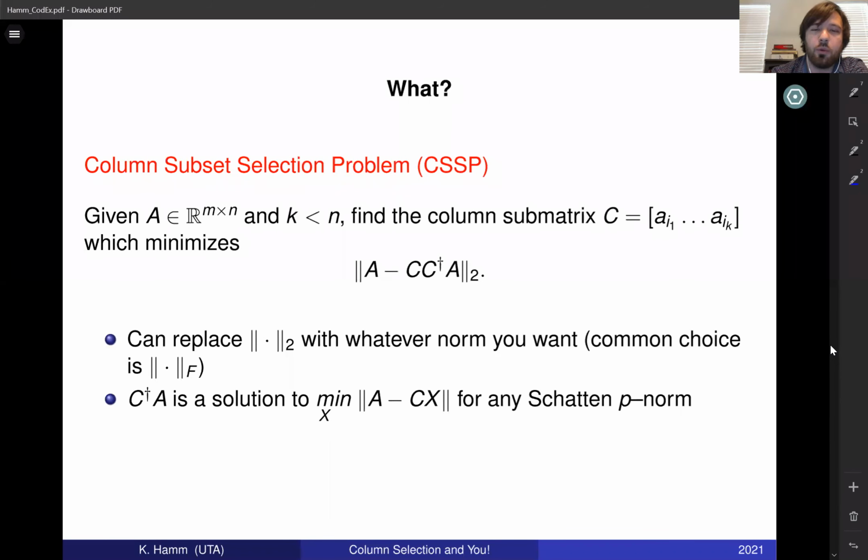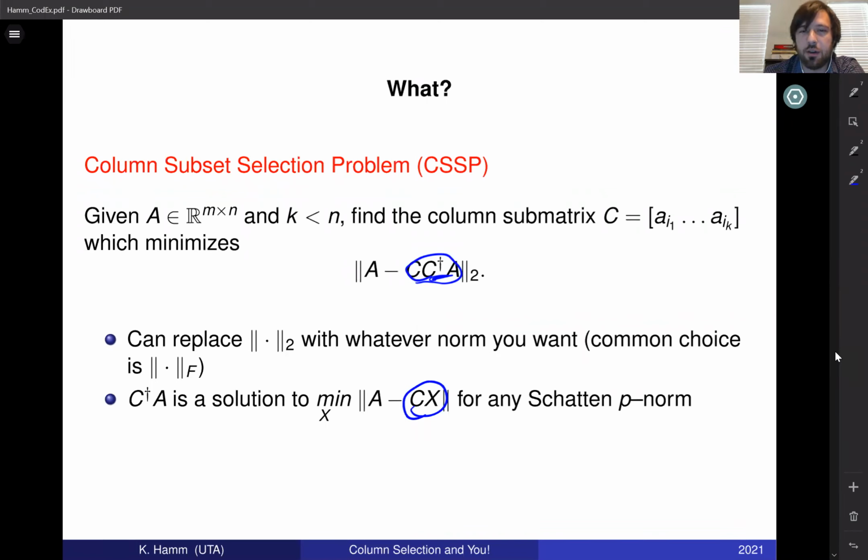Also, the reason for this representation, taking C times its pseudo inverse, comes from the fact that if I fix a column submatrix C and I want to find the best representation of A in terms of those columns, so I want to represent A as C times X, then the pseudo inverse of C times A is a solution to this minimization problem in any Schatten p-norm.